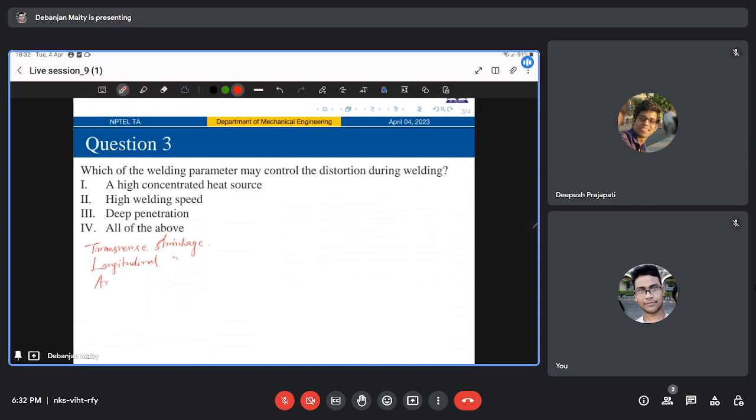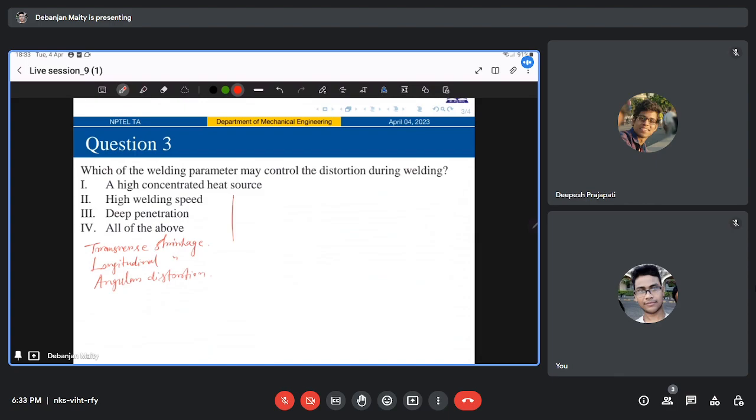There can be angular distortion also, right? Anything else? There can be distortion in fillet welding also. So basically three fundamental dimensional changes take place, right? One is this transverse shrinkage that occurs perpendicular to the weld line.